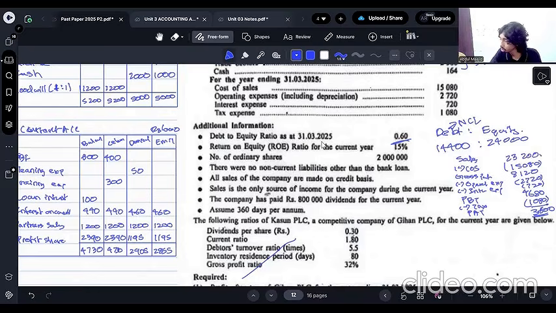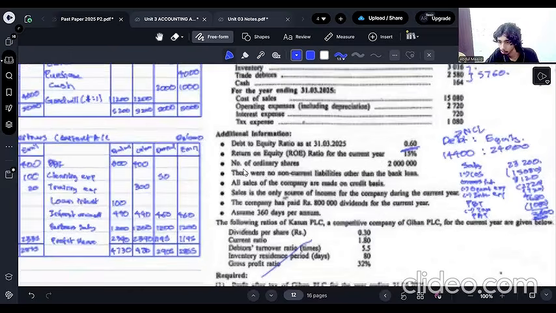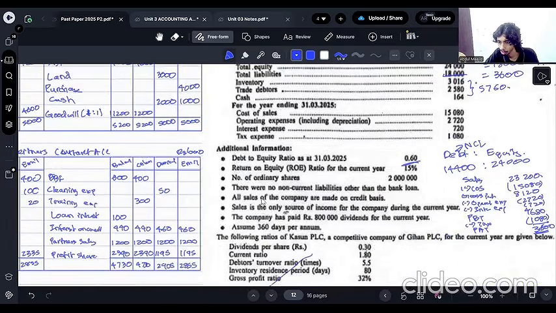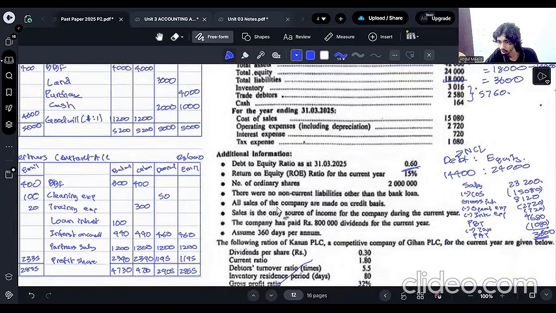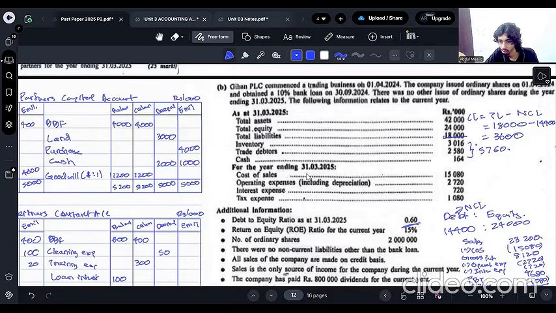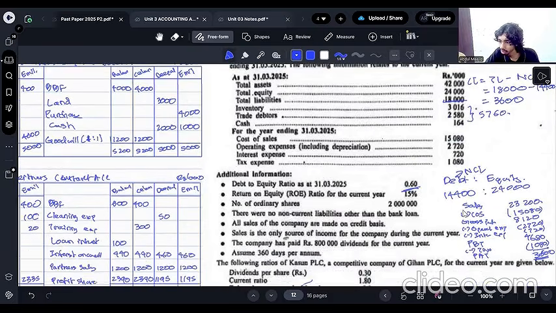This is how you are going to find the sale. Is there any other way to find sale? Yeah, you can find sales this way. So sales is 23,200.